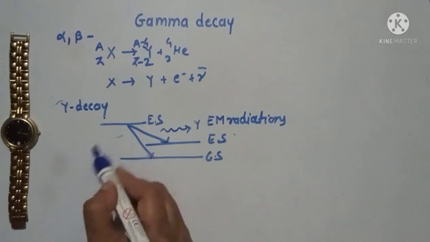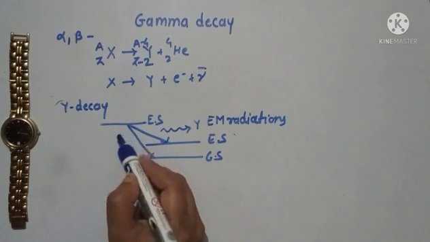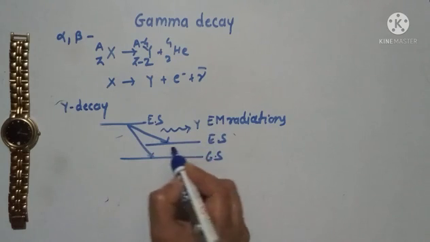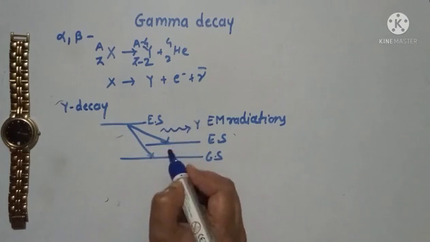Here also in gamma decay, the nucleus in an excited state gives out some gamma radiation and attains a more stable state. So this is called gamma decay.